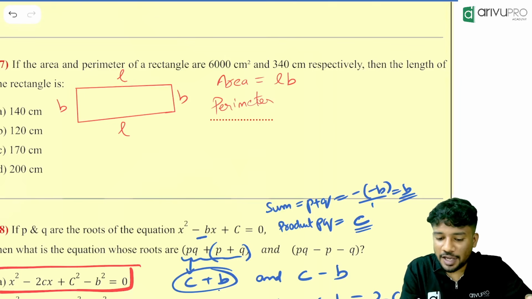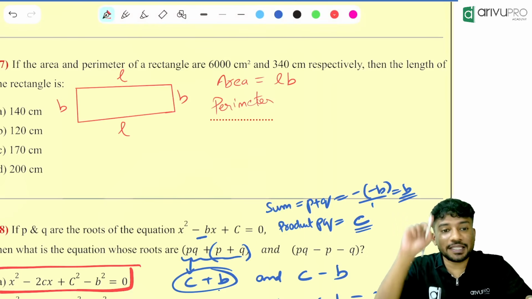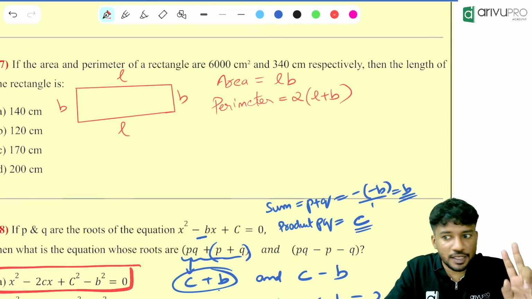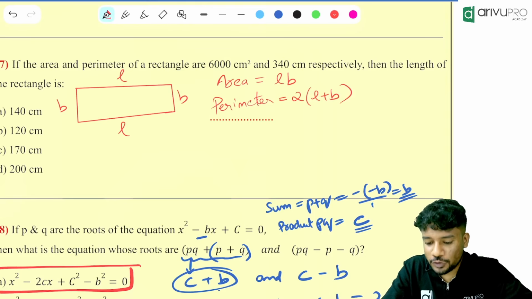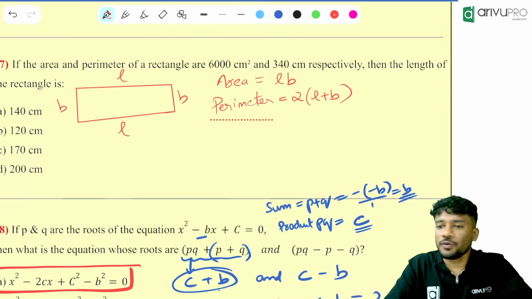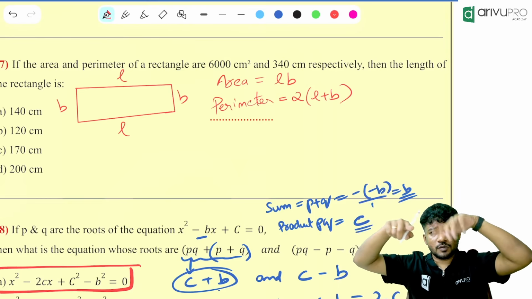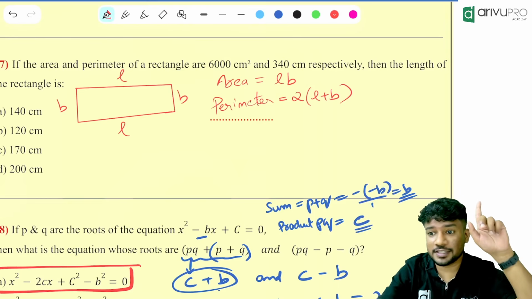That means the total distance covered by that cat is nothing but 2 into (L plus B). Is it correct, people? 2 lengths are there, 2 breadths are there. So if you add both, you will get 2 into (L plus B). So if you consider a square, what is the perimeter of a square? All the sides are equal.